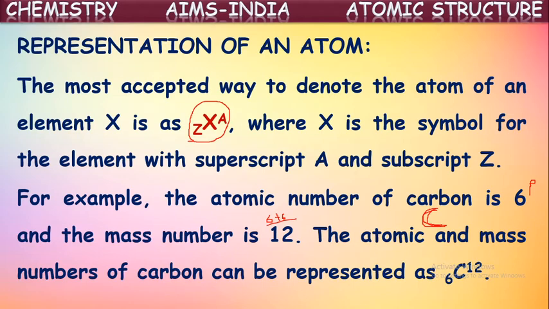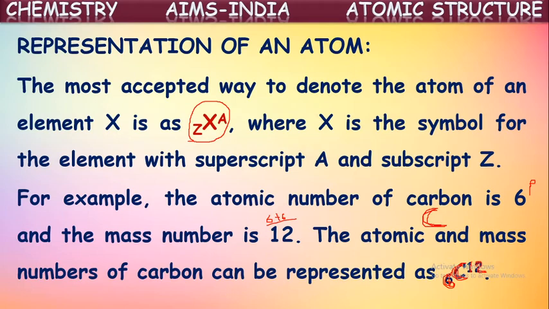Now how can we represent this atom of carbon by using the symbol, atomic number and mass number? In this way, C 6 12. Here, C represents the symbol of the carbon atom, and 6 represents the atomic number of carbon, whereas the number 12, which is written at the superscript, represents the mass number of carbon.